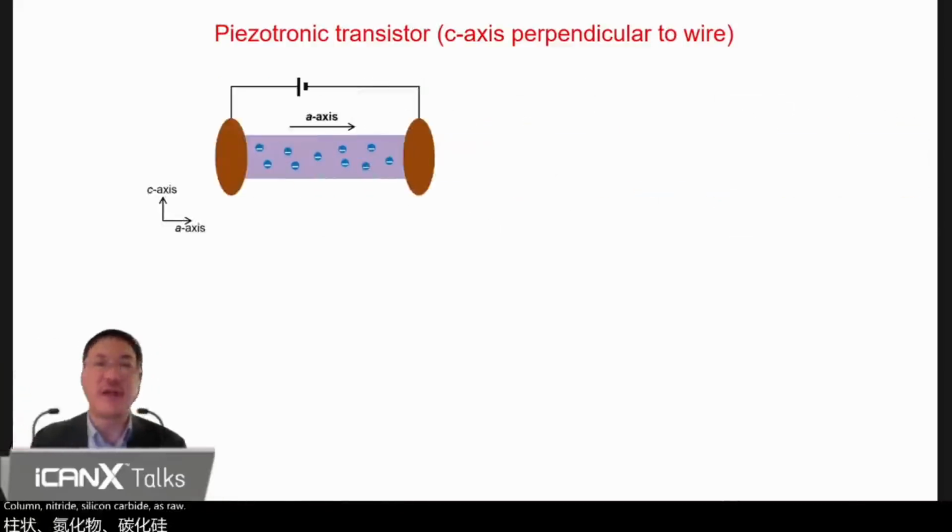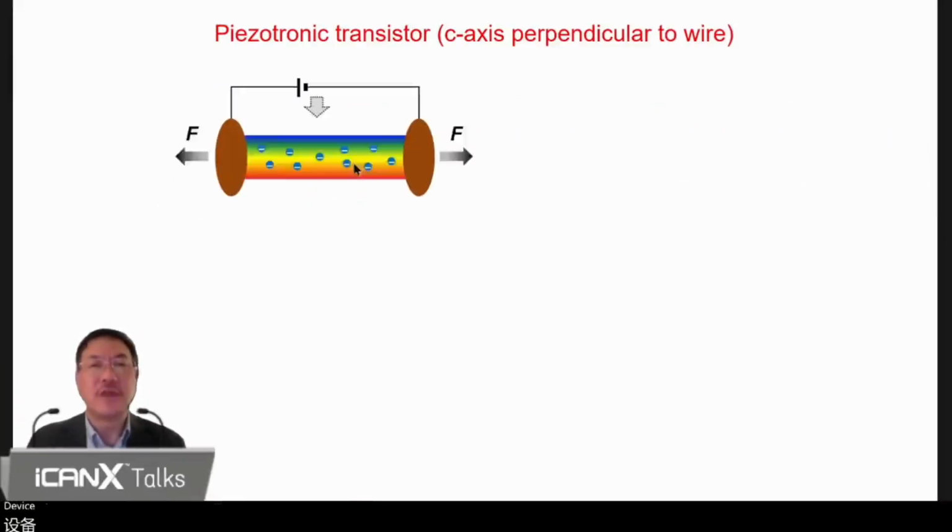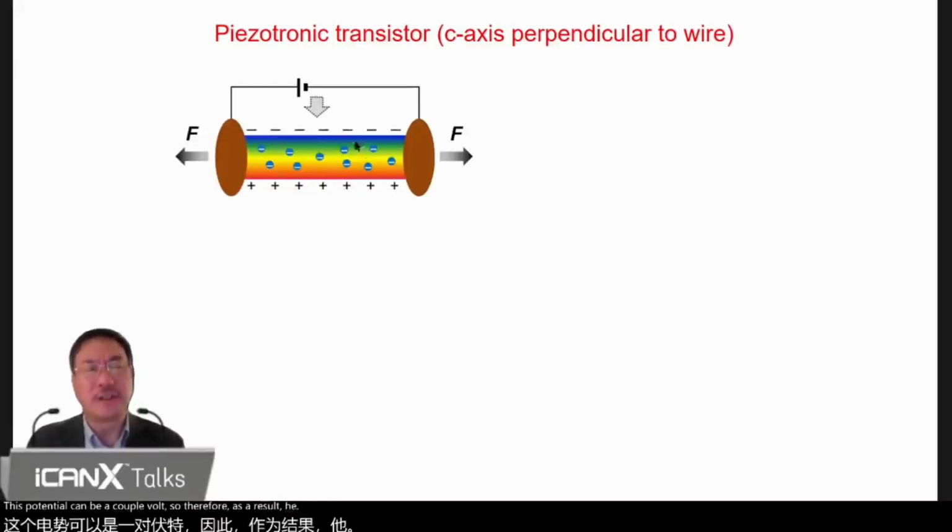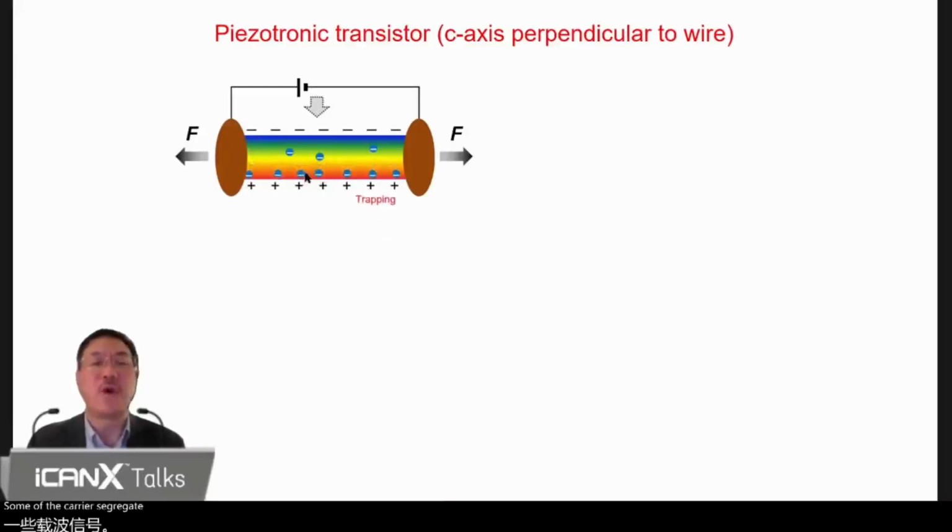Now, if you have a two-terminal device and apply a mechanical tensile strain, you create an internal potential, which can be a couple of volts. As a result, you have a depletion zone. Some of the carriers segregate towards one end due to the potential drop across the nanowire. As a result, the channel width reduces, and you can control the charge transport.